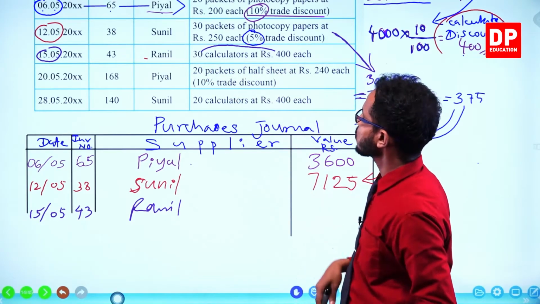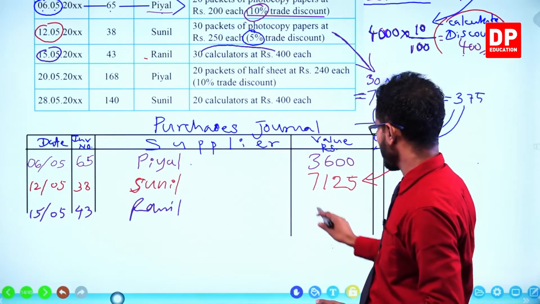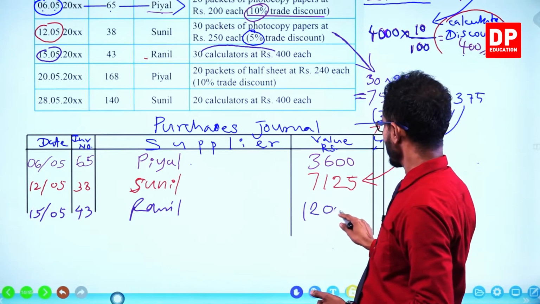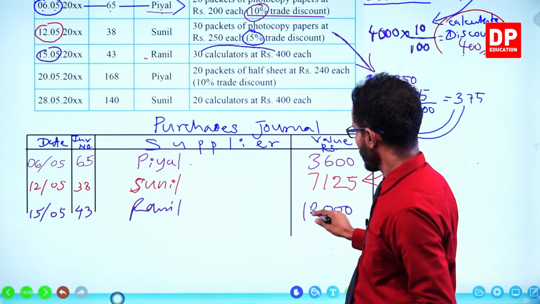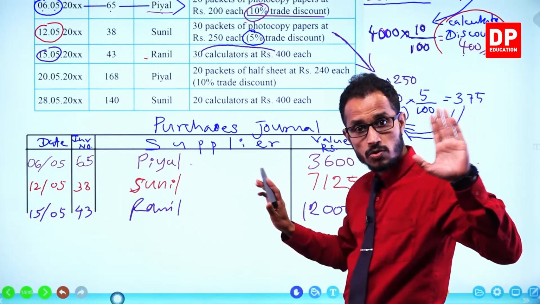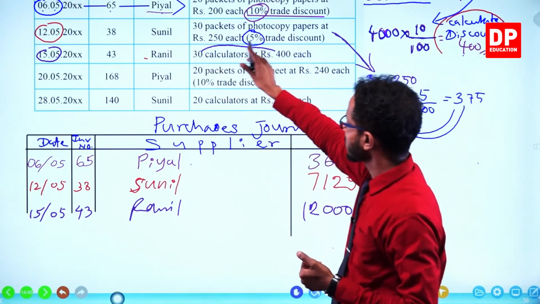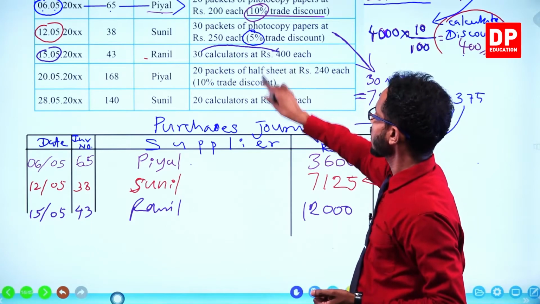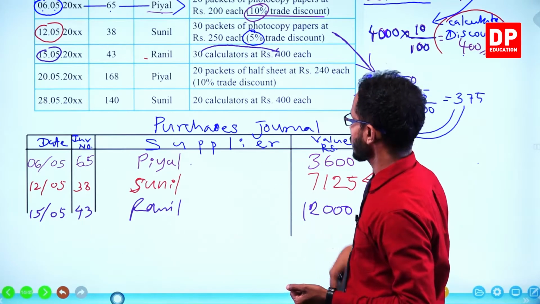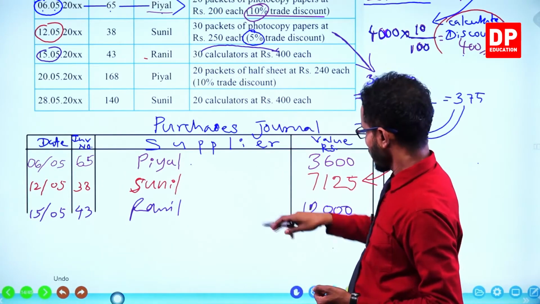So what is the total? It's 12,000. No discounts, so nothing to subtract. Just multiply 30 by 400 and you get the answer. You can record it here. 12,000.